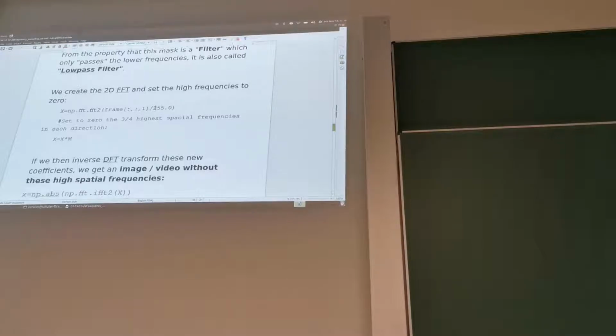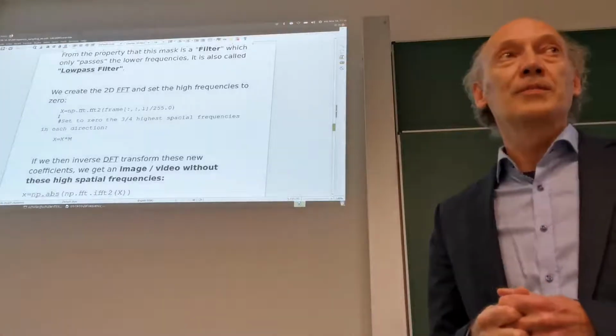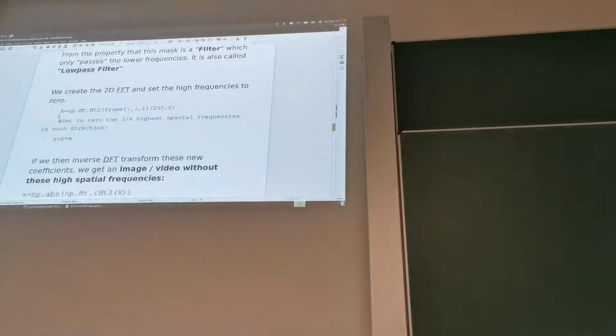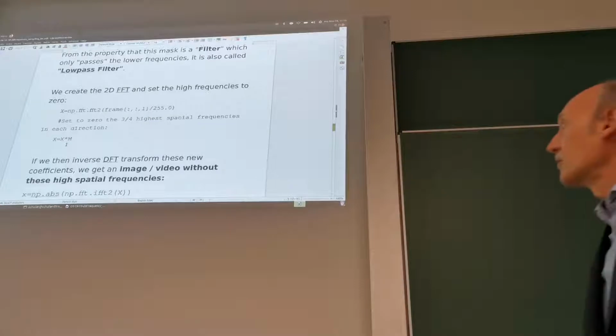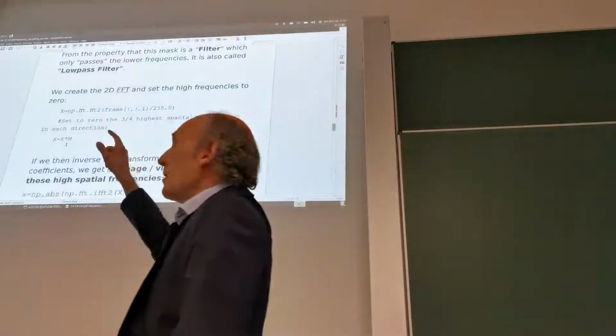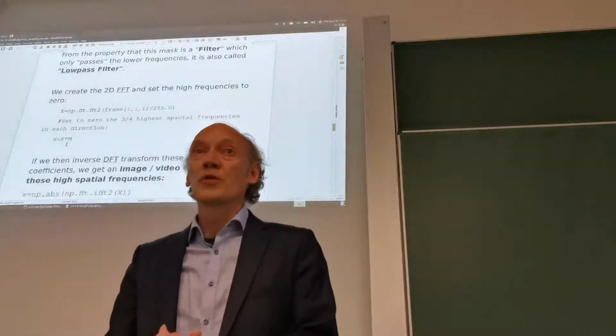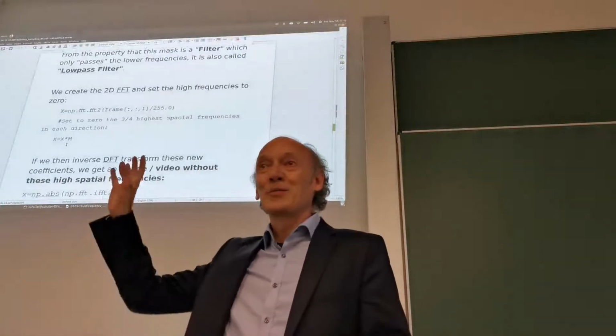We normalize it to be between 0 and 1, and then we apply the two-dimensional FFT to it, and the capital X now contains the two-dimensional DFT coefficients. And here we apply the mask. So the new X becomes the old X times our two-dimensional mask. That means that after this step, we only keep the low frequency coefficients. Make sense?